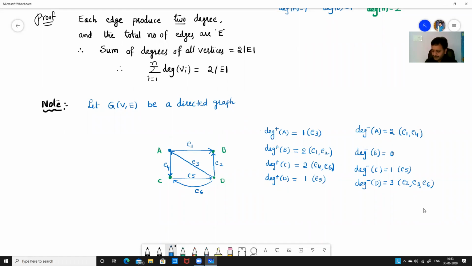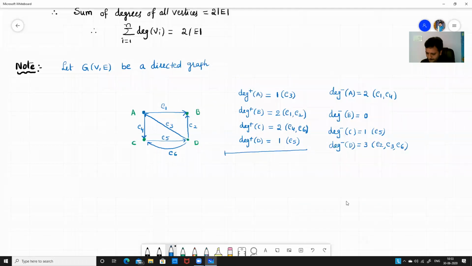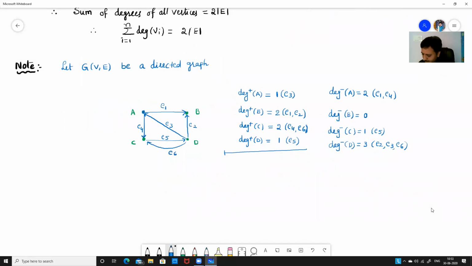So it is nothing but in degree and out degree. Is it clear? Suppose I sum up the in degrees of all vertices, and I sum up all the out degrees also. Just understand this point clearly.